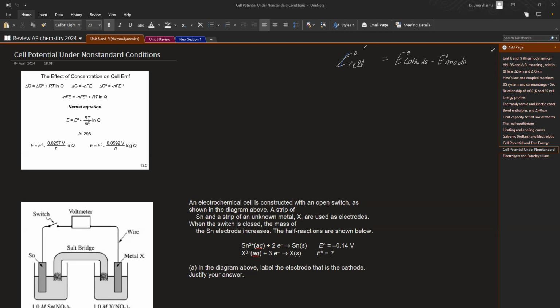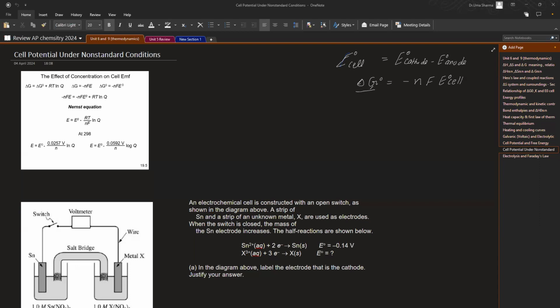So E-node cell is E-node cathode minus E-node anode. This is one equation. Another equation which we did is delta G naught is minus N F E naught cell.